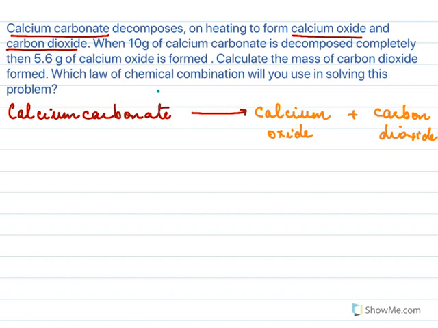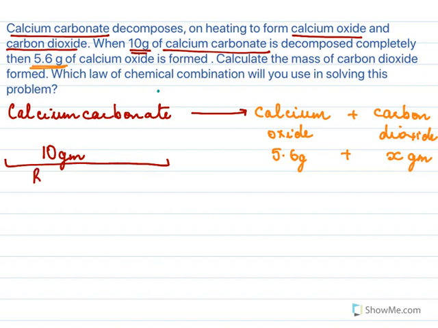Let's put up the values. 10 grams of calcium carbonate, so we put 10 gram here, is decomposed completely to form 5.6 grams of calcium oxide. Calculate the mass of carbon dioxide formed. So we do not know the mass of carbon dioxide, so we will put X gram. This is the reactant, and here we have the product.